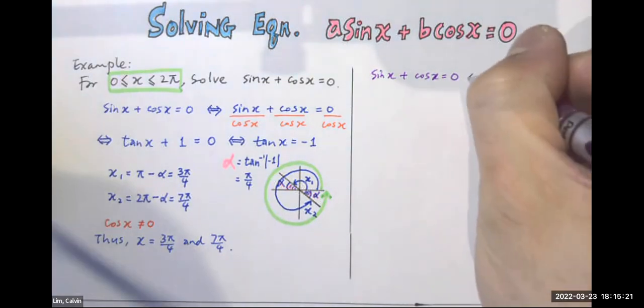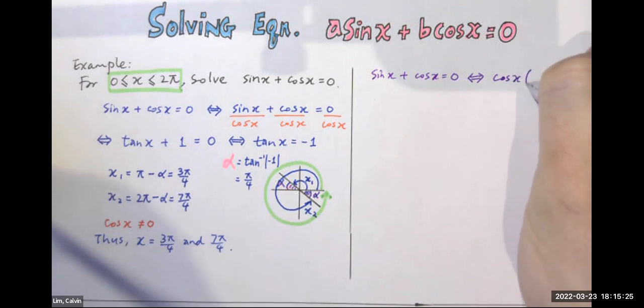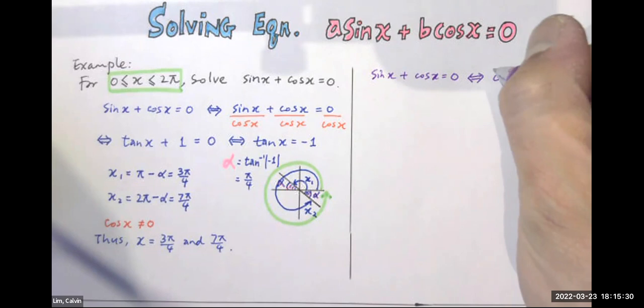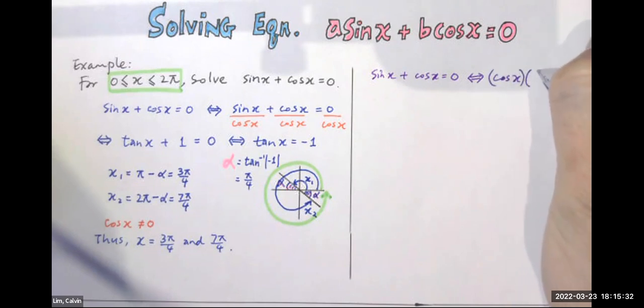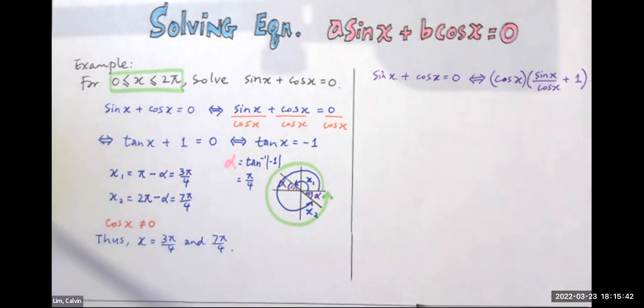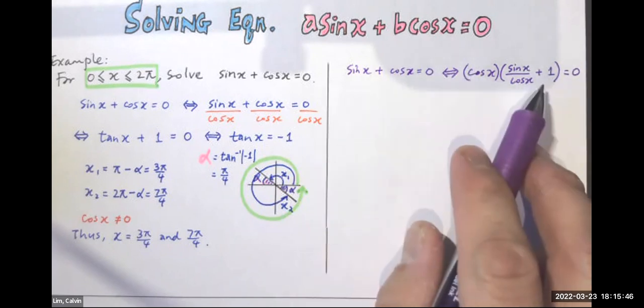We can common factor out cosine x, and the equation is going to be cosine x times sine x over cosine x plus cosine x divided by cosine x, which is 1, equals 0. So this is what the equation has become.